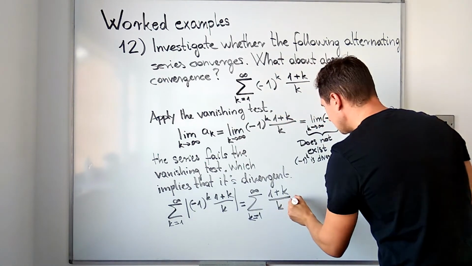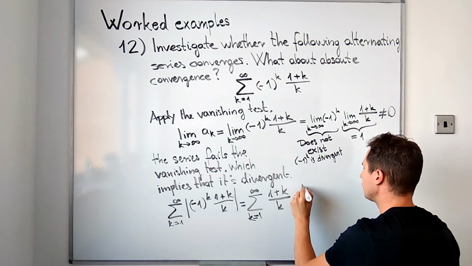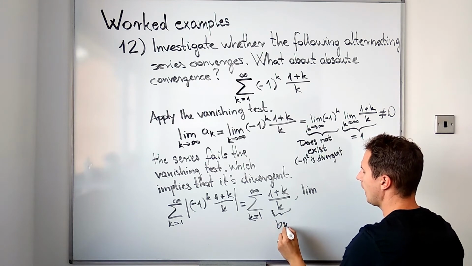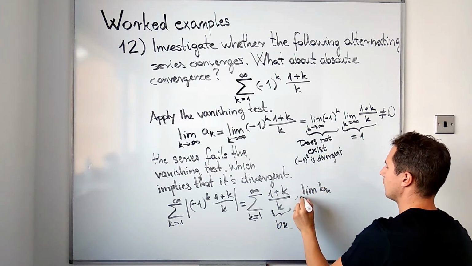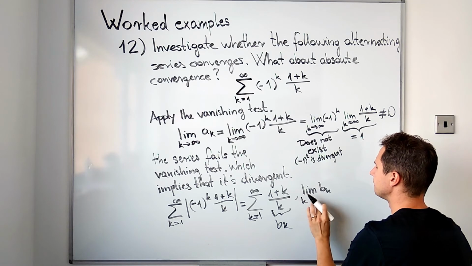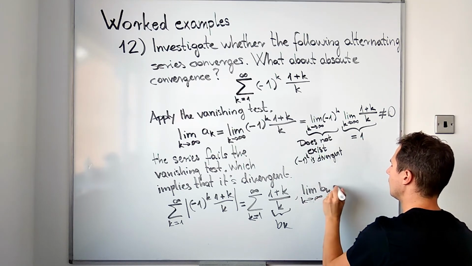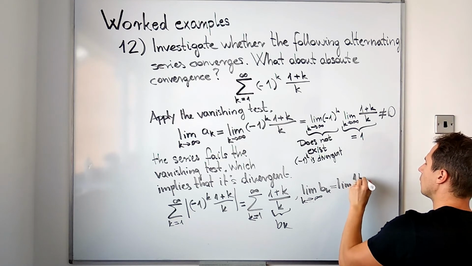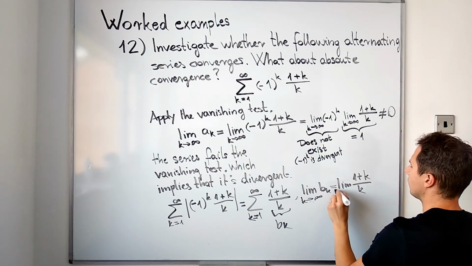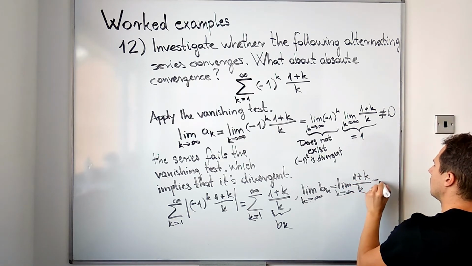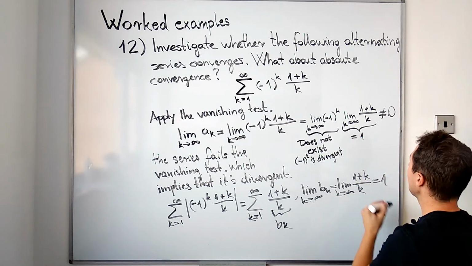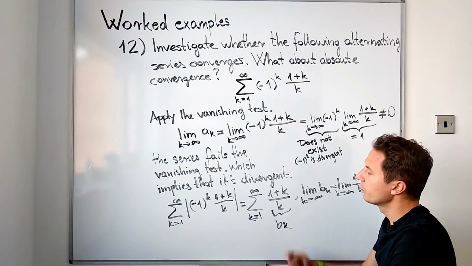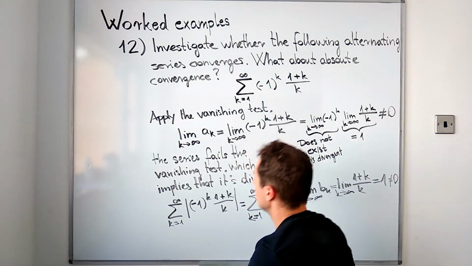And for this series, the general term, let me call this term b_k, will have a limit of, well, you guessed it, 1. So again, that is not 0. So that series fails the vanishing test as well.